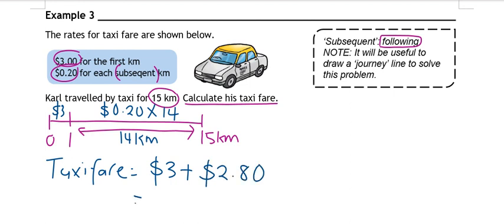So therefore, the total that he has to pay is $5.80. So as I have shown here, this will help you to understand the problem better, because sometimes students get confused after they have to calculate for the first kilometer and for the subsequent kilometer, right?